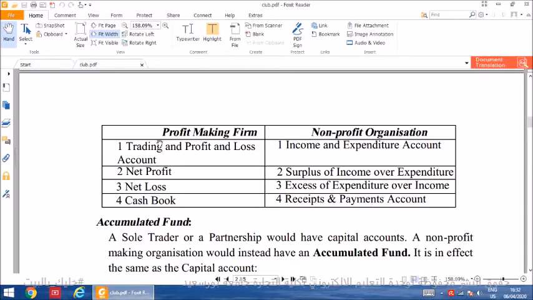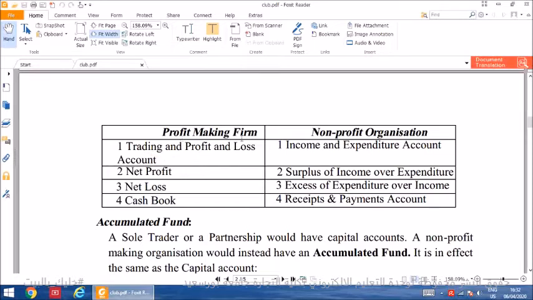Here is the difference between a profit-making firm and a non-profit organization related to the main accounts and the results of these accounts used in each type.